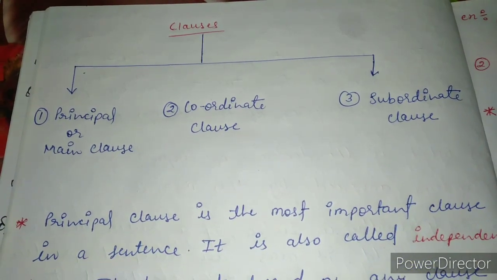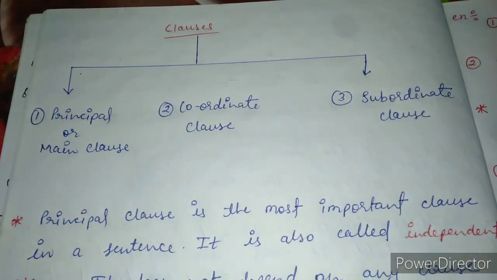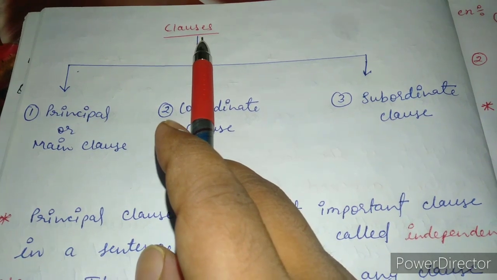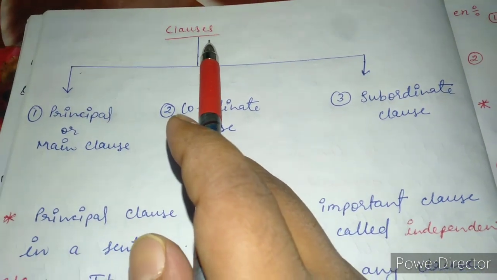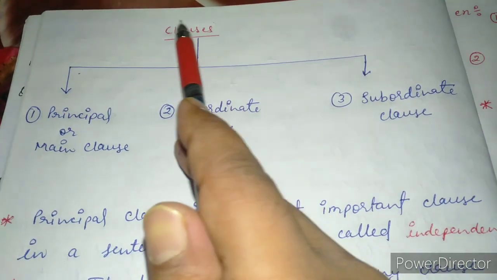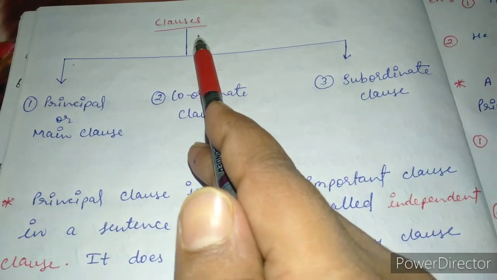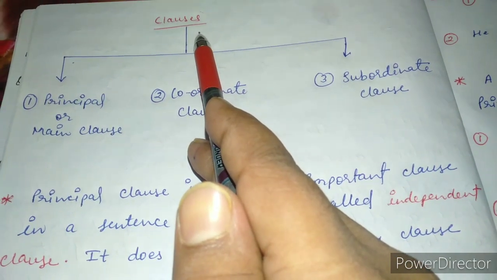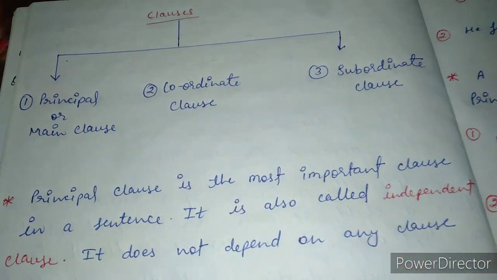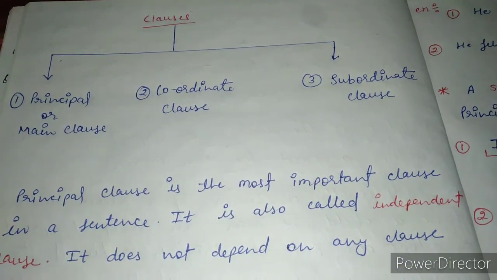Now if I discuss this word clause, a question arises: what is a clause, or what are clauses? Basically keep this definition in your mind: a clause is a group of words having a subject and a verb of its own.